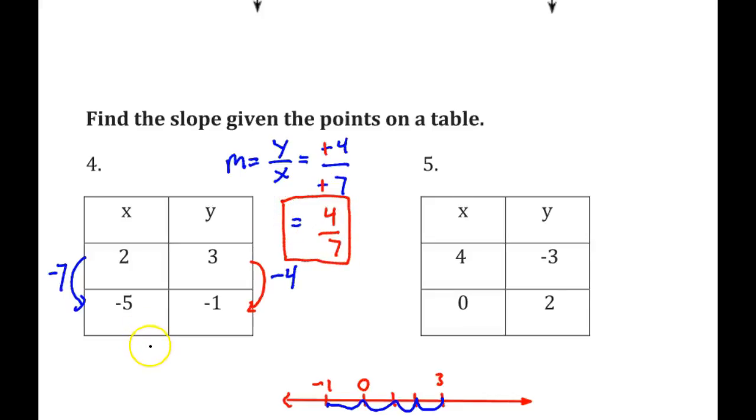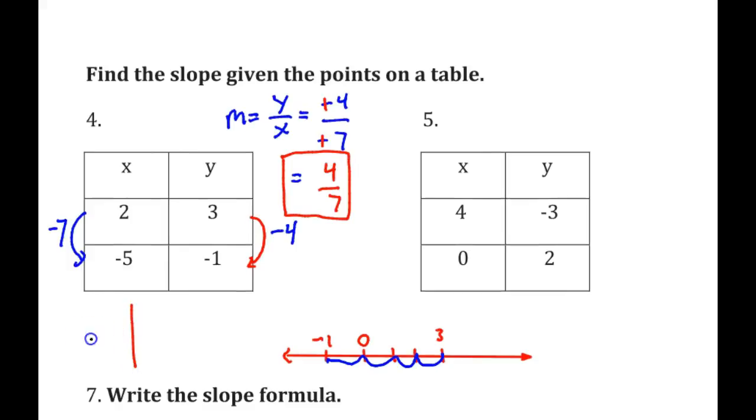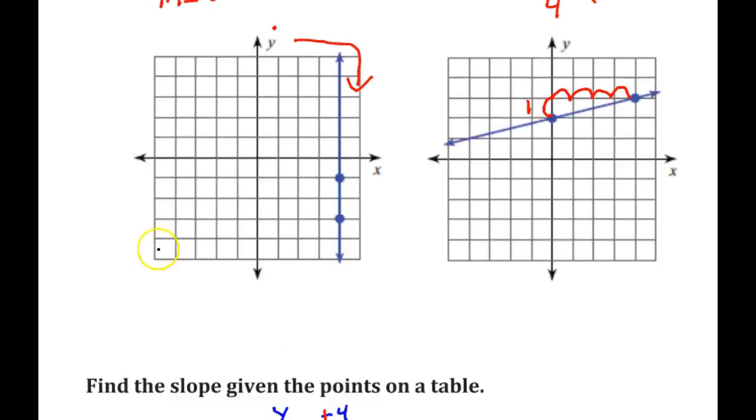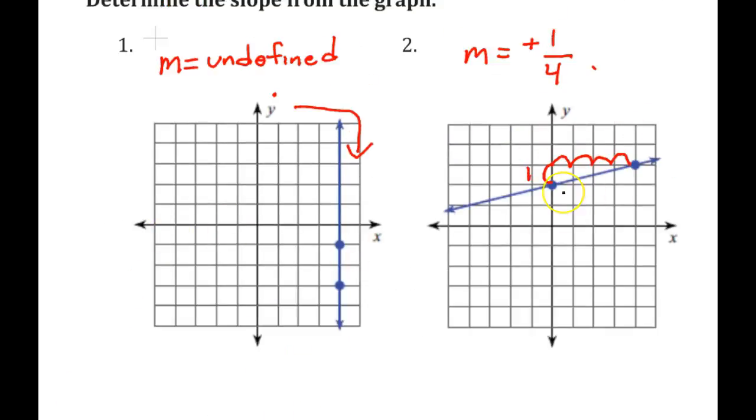You can also do a little check, make a little graph and estimate 2, 3 and negative 5, negative 1. You can count that this is up 4 and to the right 7. So you'll get the same thing.